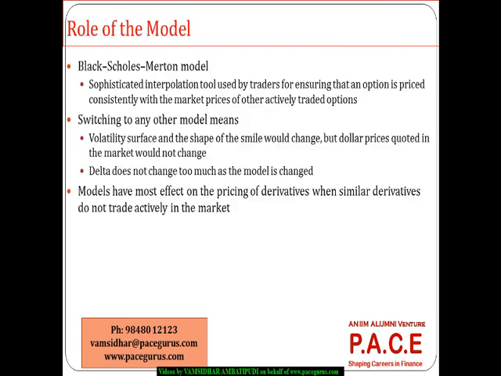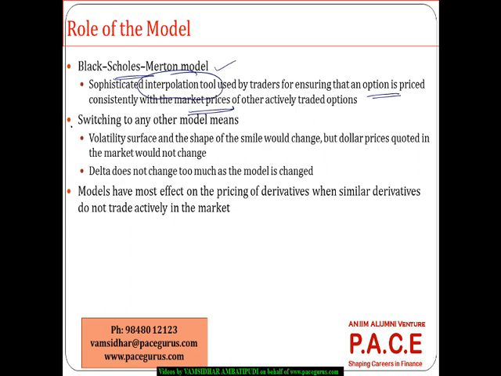Then, do I really understand that the Black-Scholes-Merton model plays an important role in understanding the volatility smile? For that, if I traditionally look at the Black-Scholes model, it's a sophisticated interpolation tool for option pricing with the market prices of other actively traded options.